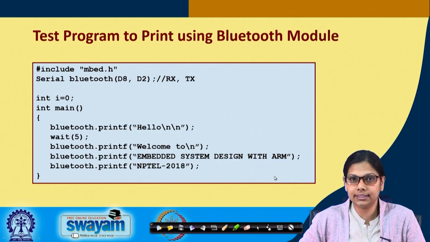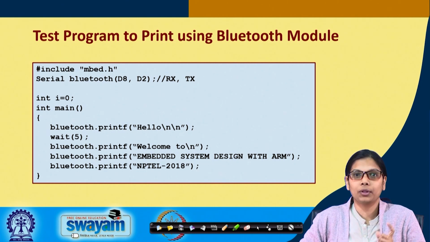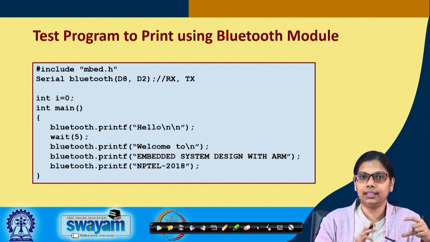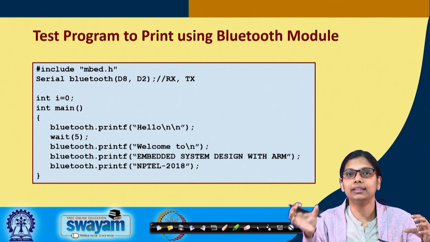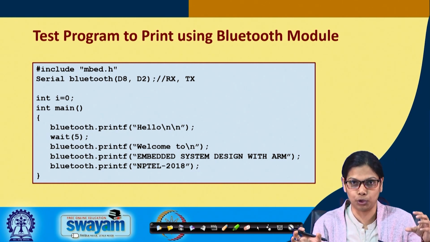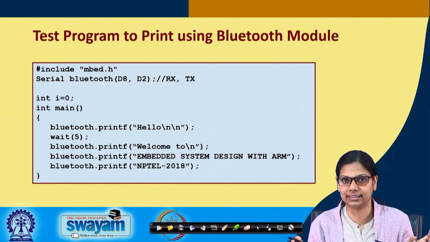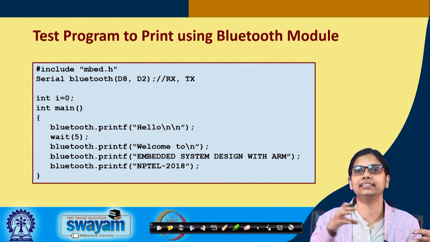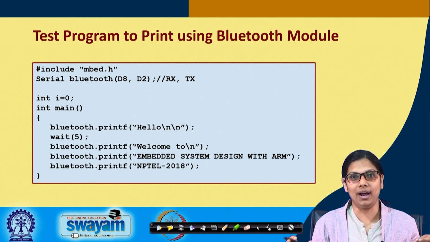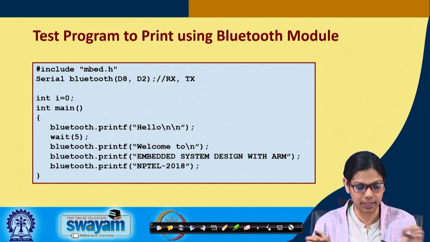First, I will show you a test program where I will connect the Bluetooth module with the STM board along with my mobile phone Bluetooth, and it will display some text. Some text from the microcontroller board will be sent to my mobile phone through Bluetooth communication.